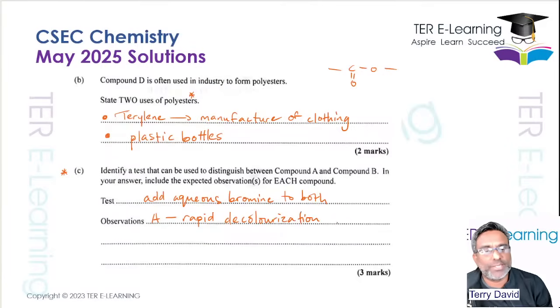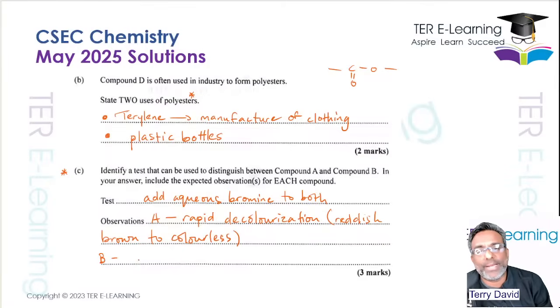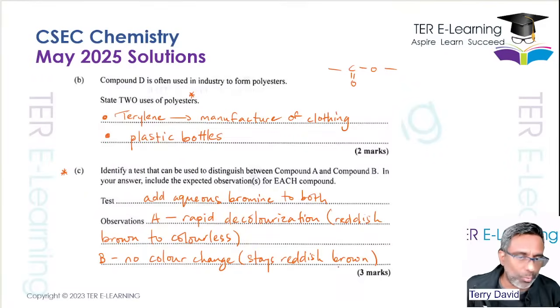When we say rapid decolorization, we go from reddish brown to colorless. That's your color change. In the case of compound B, we get no color change. It stays reddish brown. That's basically what happens here.